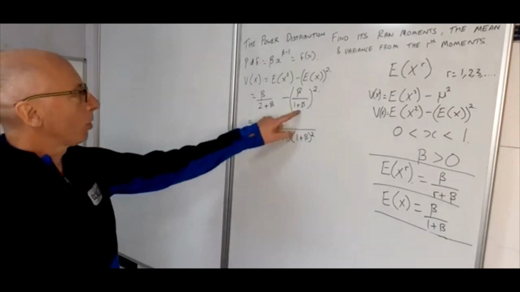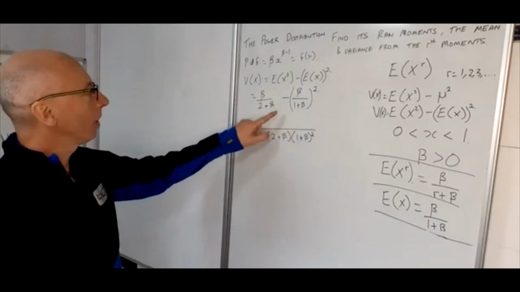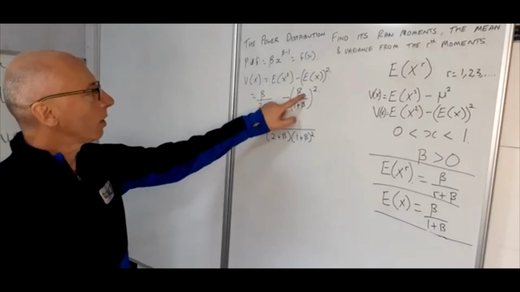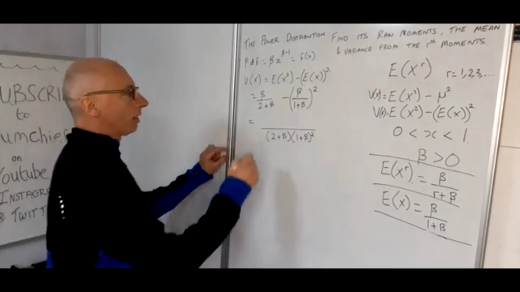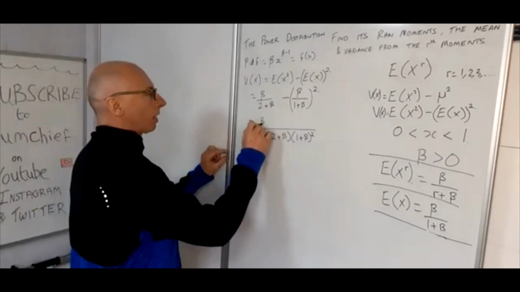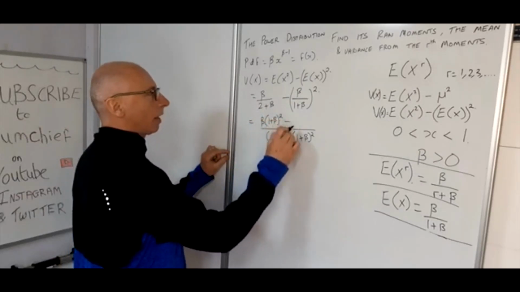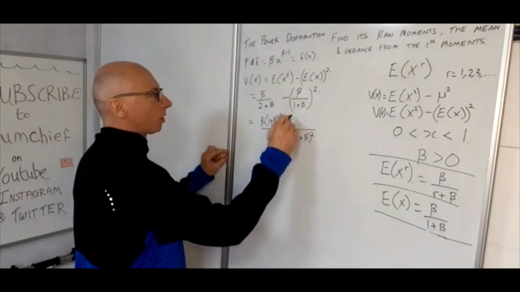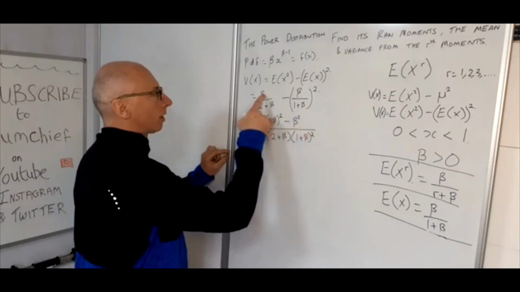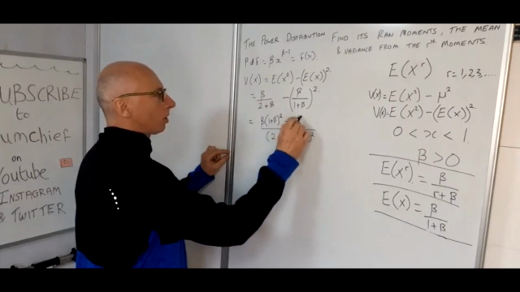And now we just multiply this side with this one, and then this side with this one. So we'll put these together. So now we'll have a beta times 1 plus beta squared. And then this side we've got our minus beta squared times this side, which is 2 plus beta.